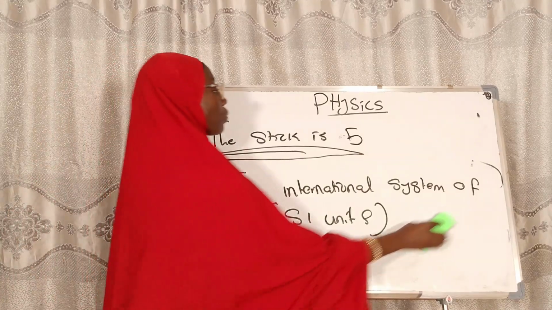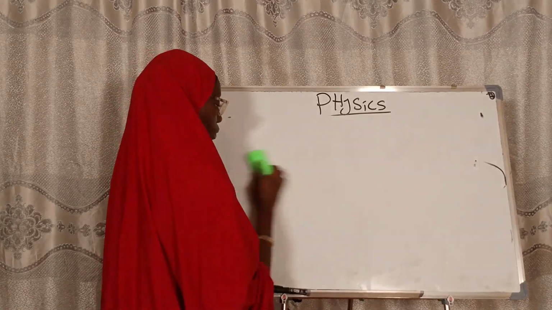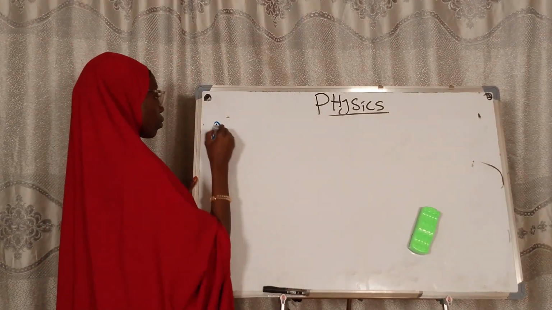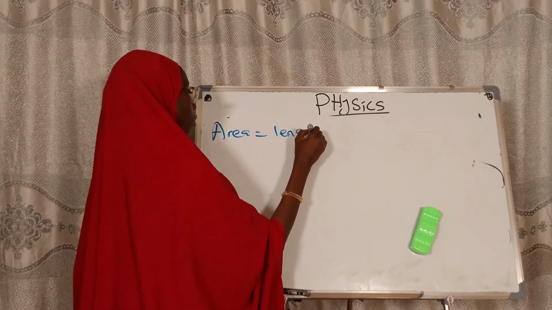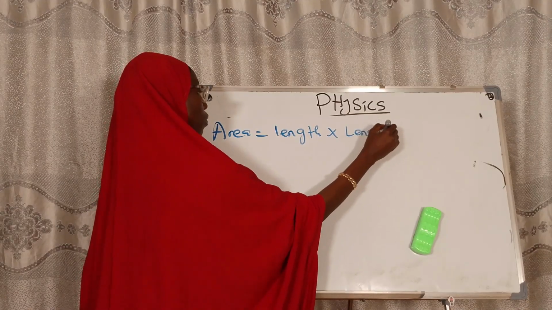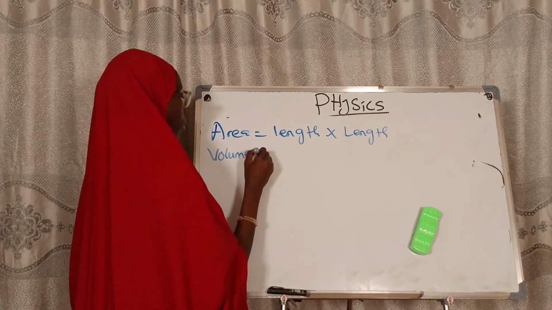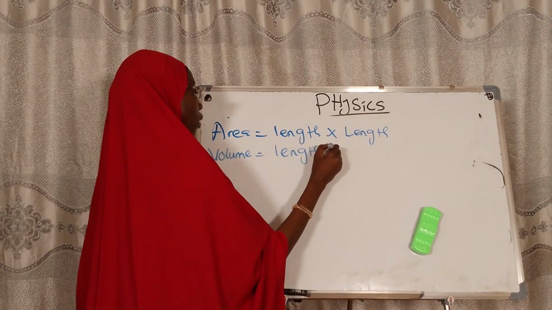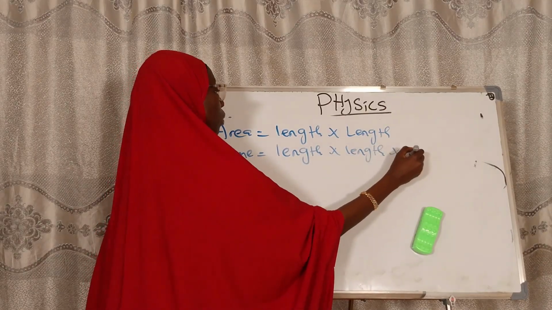Example, area is equal to length times length. Volume is equal to length times length times length.